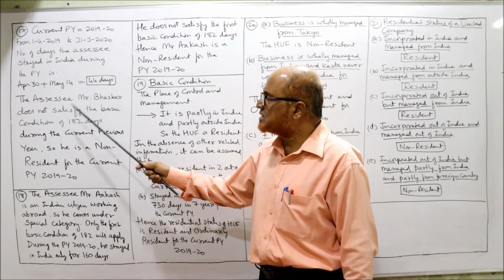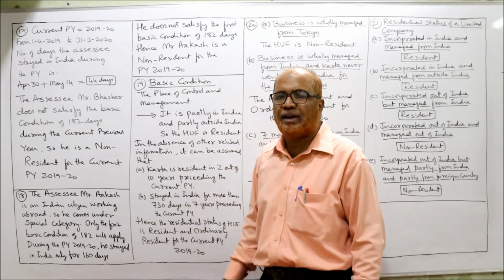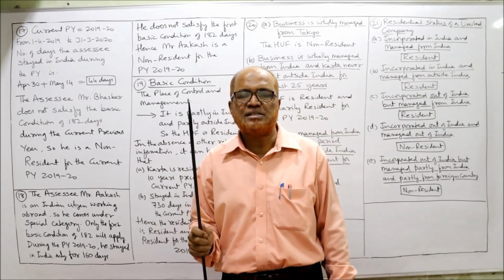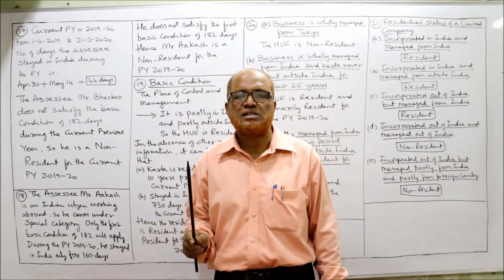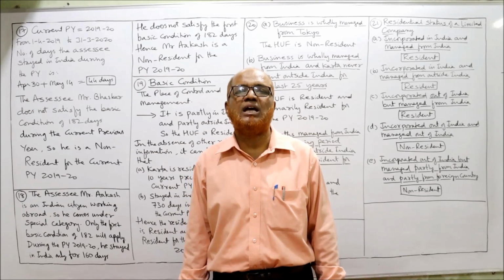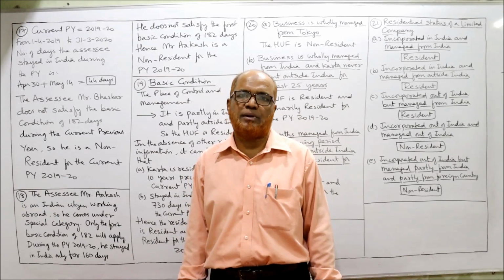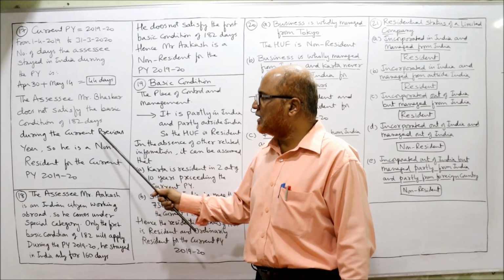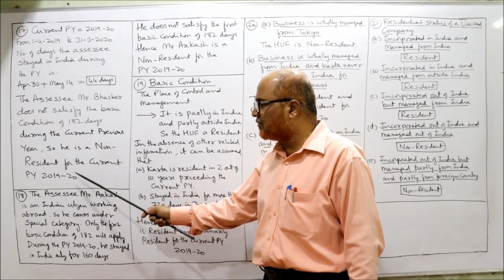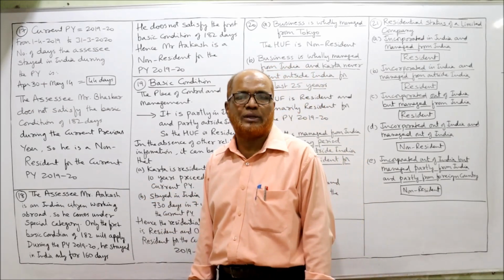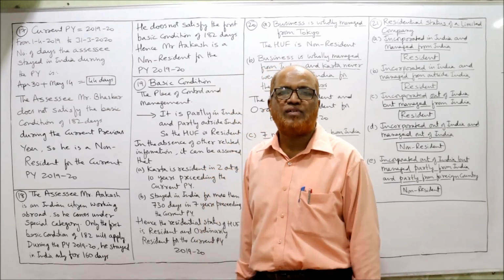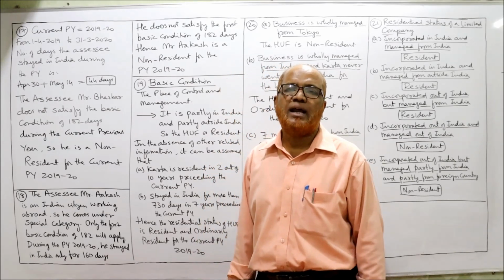The assessee Mr. Bhaskar does not satisfy the basic condition of 182 days. The first basic condition says the assessee must stay in India for a period of 182 days during the current previous year. So he is a non-resident for the current assessment year 2019-20. He has not satisfied the basic condition, 182 days.